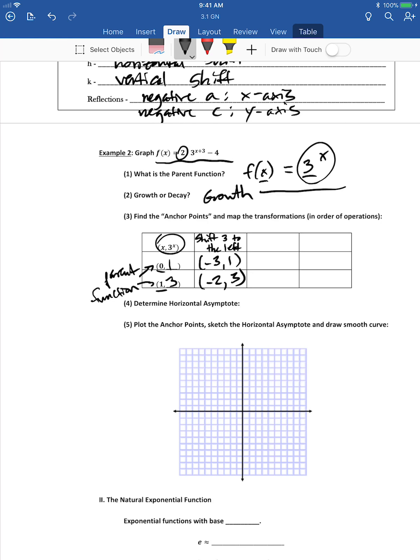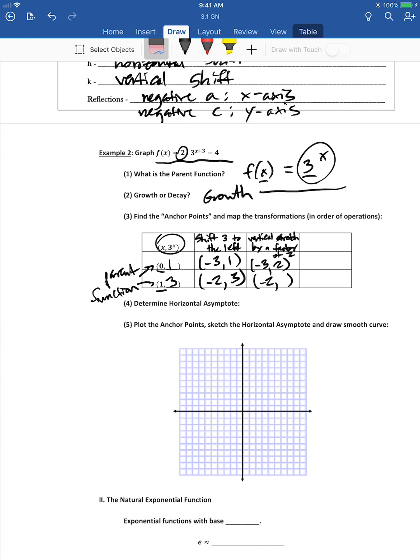Next I see this 2. That's a vertical stretch by a factor of 2. That means I multiply my y values by 2. It's affecting y. I multiply my y values by 2. Oh, sorry.